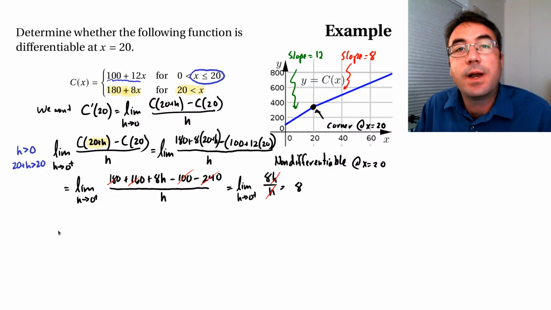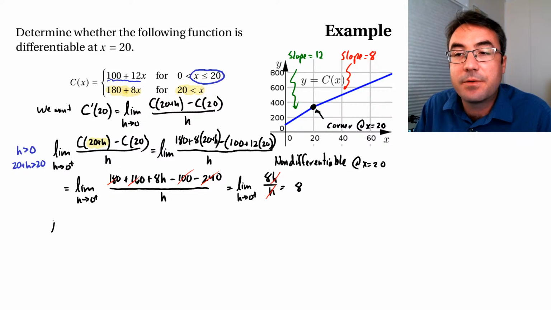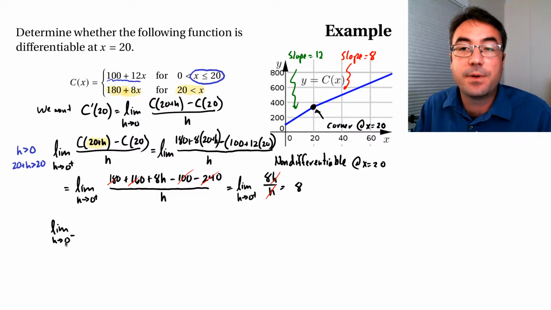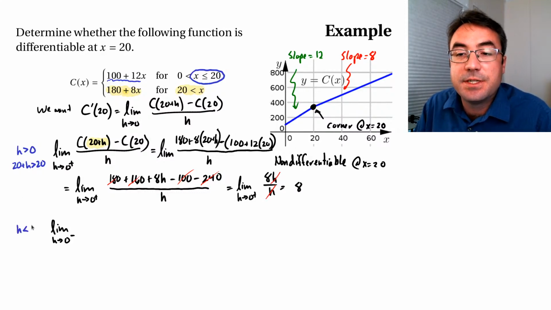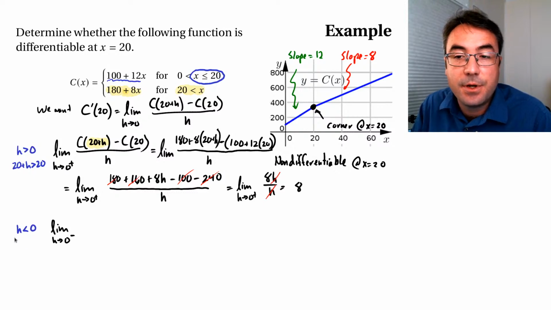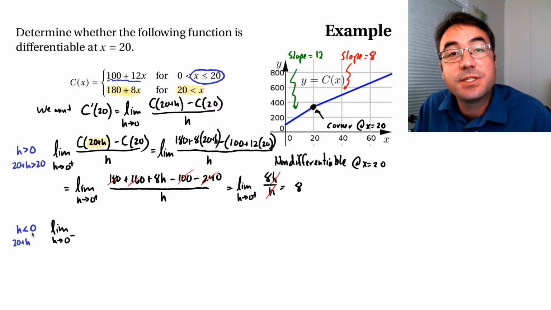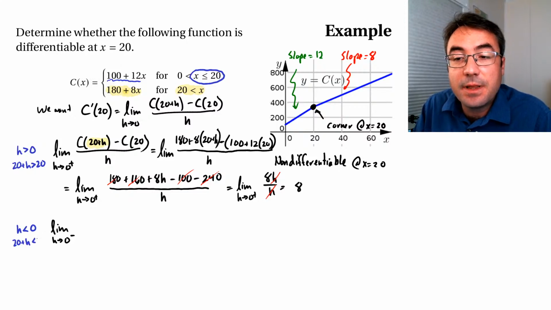Now let's see what happens if we do the limit coming from the left side. So we're going to do the limit as h approaches 0 from the left. For that side, h is now going to be negative, so 20 plus h is going to be less than 20.